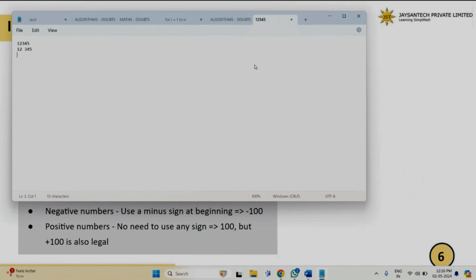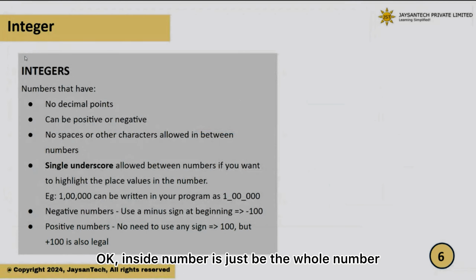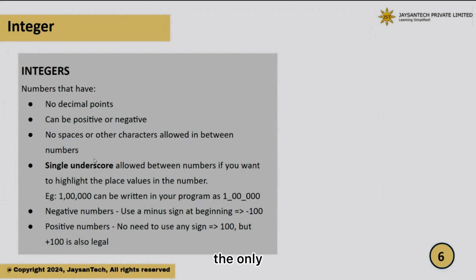Sometimes we put a comma and write 12,035,345. In Python, if you're writing a number, it should not contain any spaces or special characters like these. Inside a number, it should just be the whole number. The only special character allowed is a single underscore.